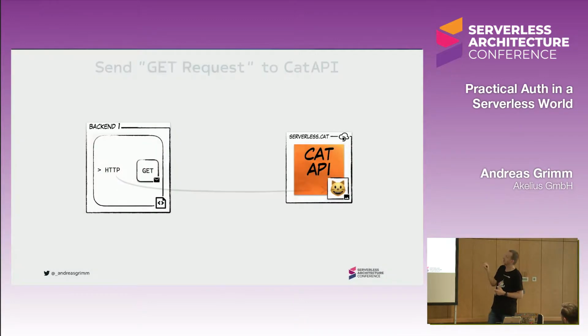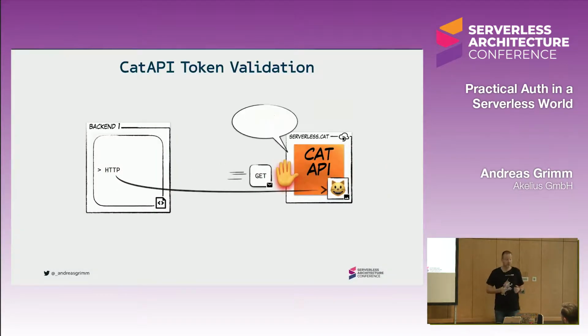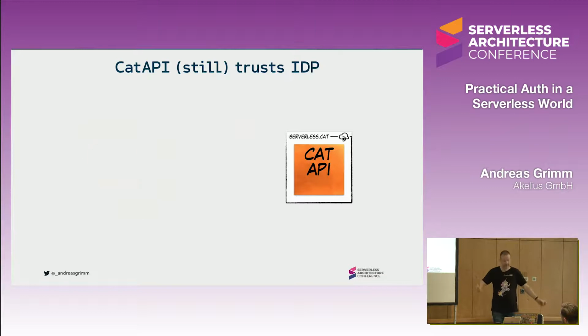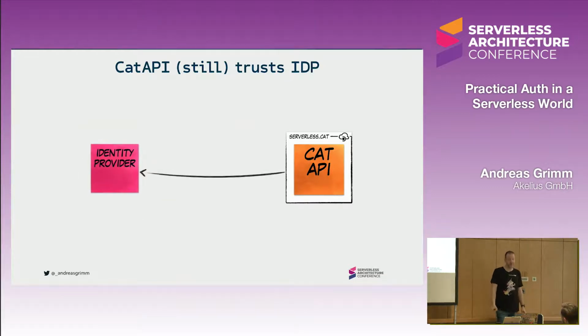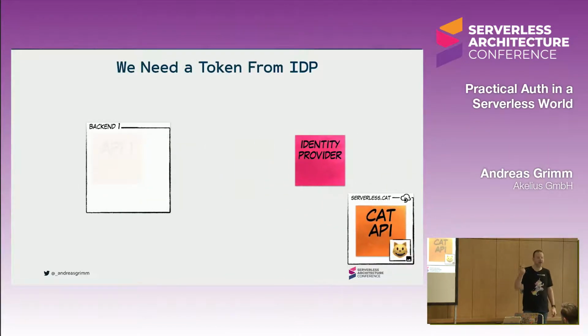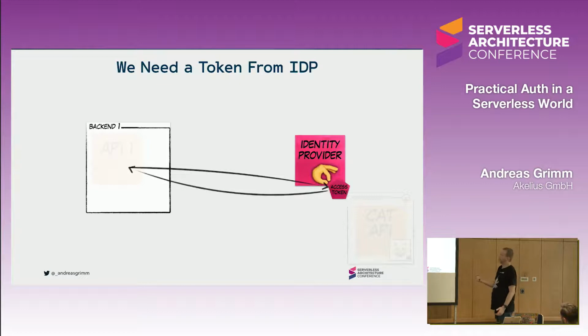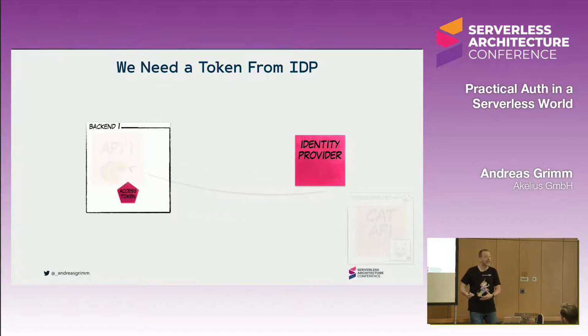Now this is us, and just the same, we could think, okay, we just send this HTTP request to the cat API, but then it is protected. We saw how this happened before, and again, as this cat API has this trust relationship with the identity provider, again, we need a token, but this time in our backend.